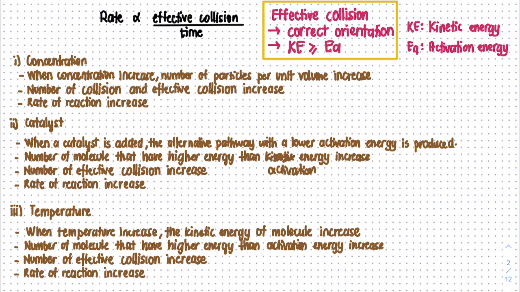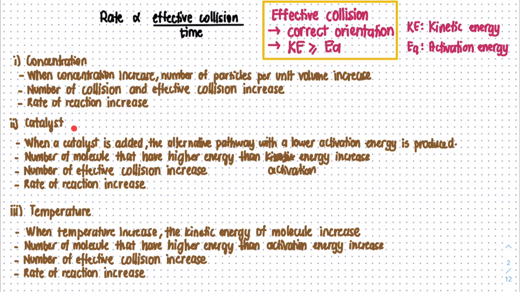Okay. If you mention temperature, you have to mention that when temperature increases, the kinetic energy of the molecules also increases. And when kinetic energy increases, similarly, the number of molecules that have higher energy than activation energy increases. That is the requirement. And then mention that effective collision increases and the rate of reaction increases.